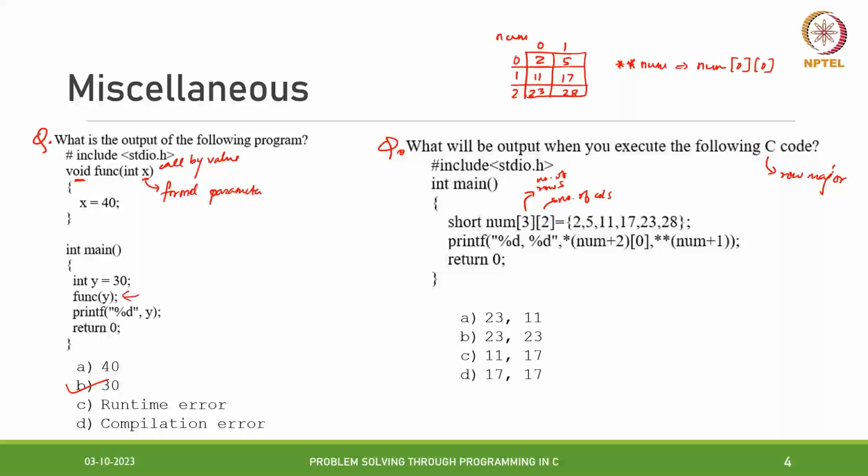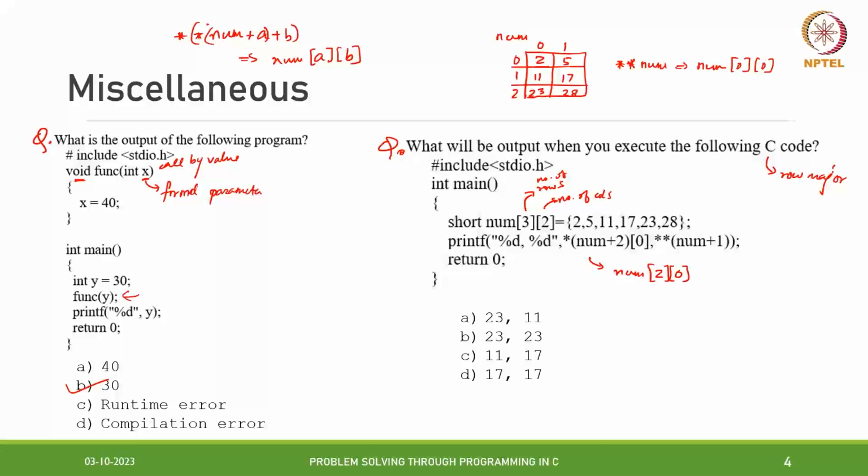Now here I have written num plus 2 of 0. How will that be evaluated? It will be num of 2 of 0, right? Now what is num of 2 of 0? It will be 23. This is equivalent to saying num of a of b.